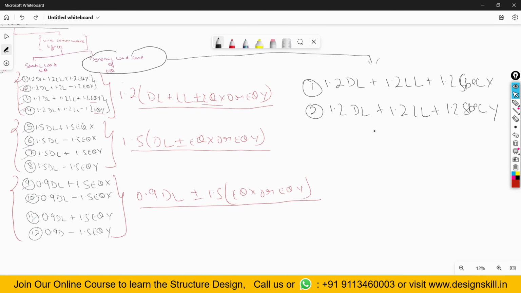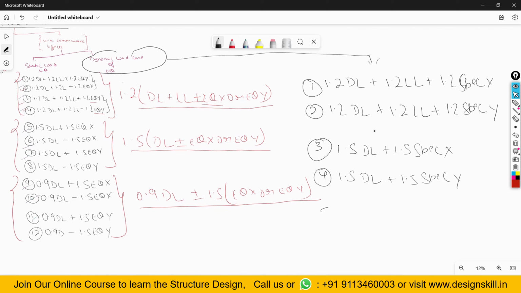Now come to the third load combination of the dynamic load cases, which will be 1.5 dead load plus 1.5 spec X. The fourth load combination will be 1.5 dead load plus 1.5 spec X. Sorry, spec Y, it will be there as another.